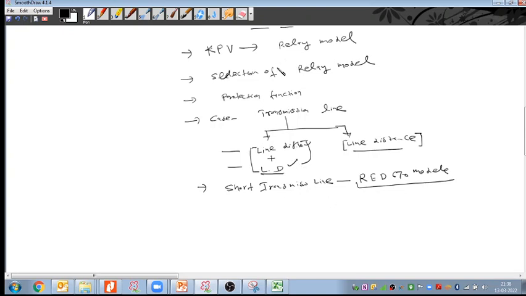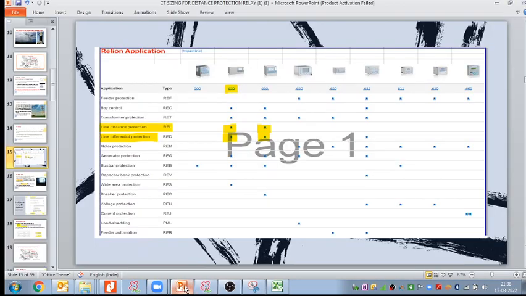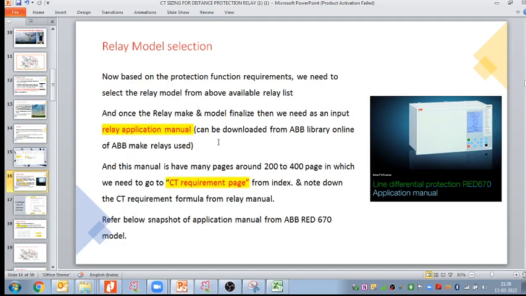I think so far everyone is clear with what we discussed. Let us go point by point. Based on the protection function requirement, we need to select the relay model from the available relay list above. Once the relay make and model are finalized, we need the relay application manual as an input, which can be downloaded from the ABB library online.